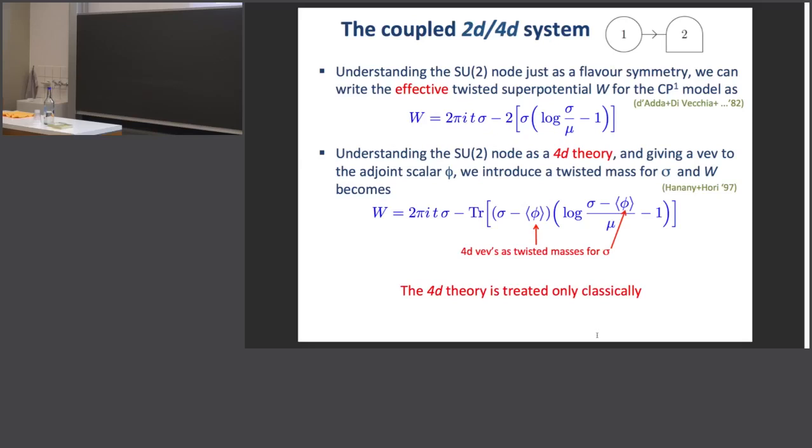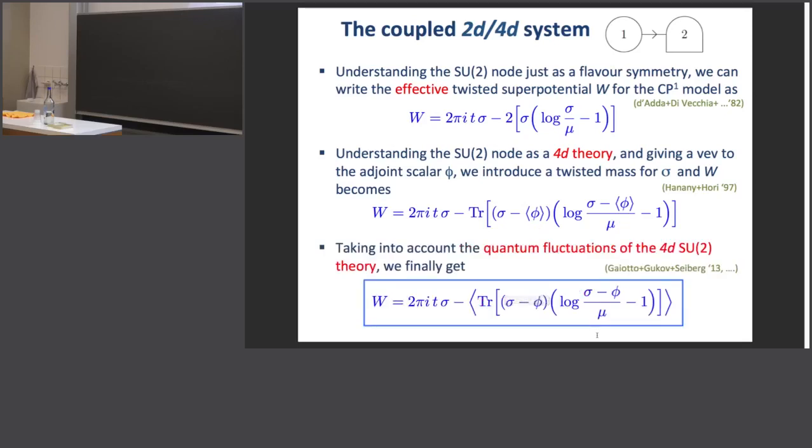And to incorporate fully the four-dimensional dynamics, what you have to do is to promote these vacuum expectation values to the full quantum theory and make, therefore, this proposal, which goes to Gaiotto, Gukov, and Seiberg a few years ago, in which the quantum expectation value is taken outside the trace.